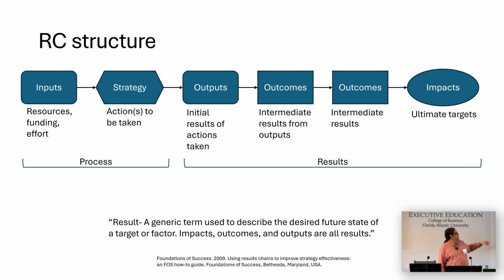Then we have our strategy, those are our candidate actions to be taken, which leads to an output, initial results of actions taken, which leads to different levels of outcomes, intermediate results, and then those lead to our ultimate target. And so we can use these intermediate results, these outcomes over here, to represent the key uncertainties, or what we have to learn about, within the Bayesian network for evaluating the success of a decision.